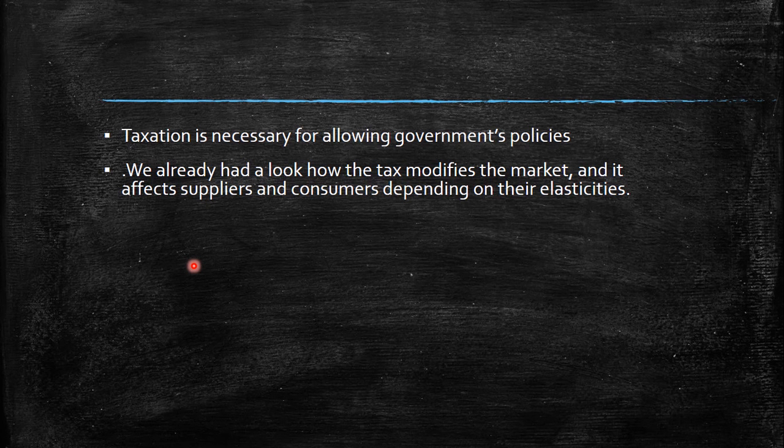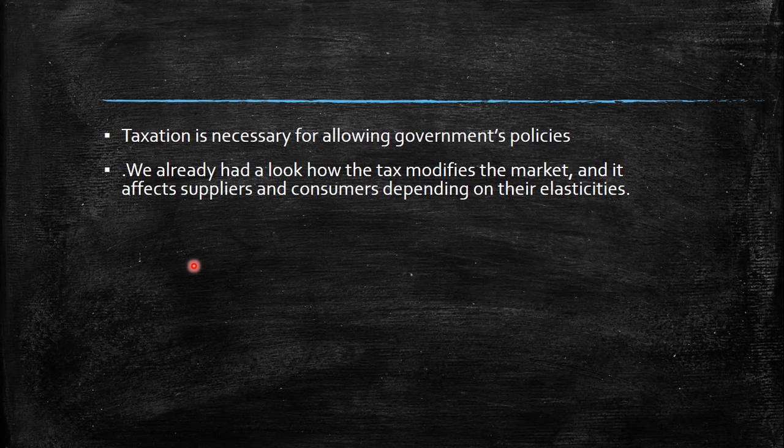So here we already know from previous chapters that the tax modifies the market, and as a consequence, it affects suppliers and consumers depending on their elasticities. So we already know that the more inelastic you are, the more you will be impacted by the tax.